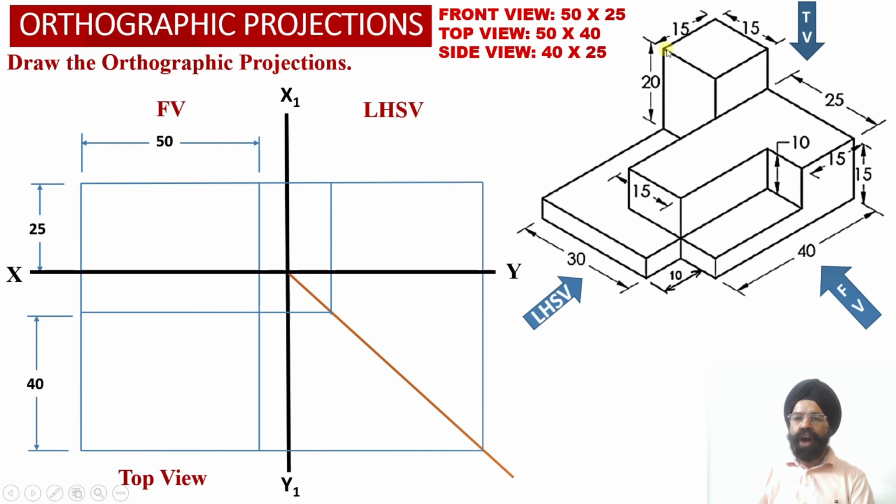Now here we have got element number 3 which is a square prism having base equal to 15 millimeter and height equal to 20 millimeter, and the square prism is resting towards the right hand side face of this particular solid at the rear end of the solid over here.